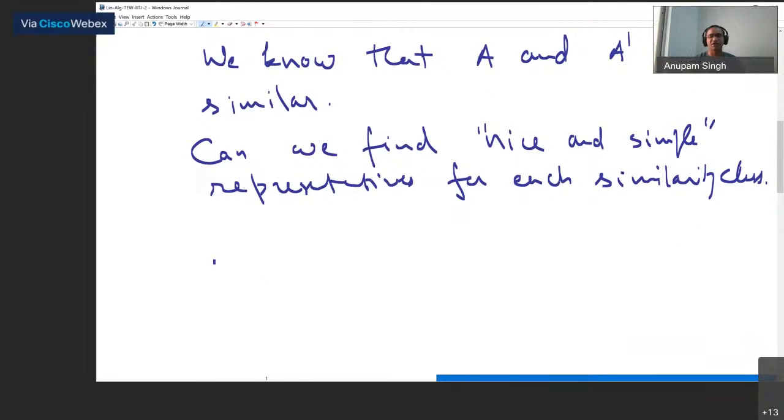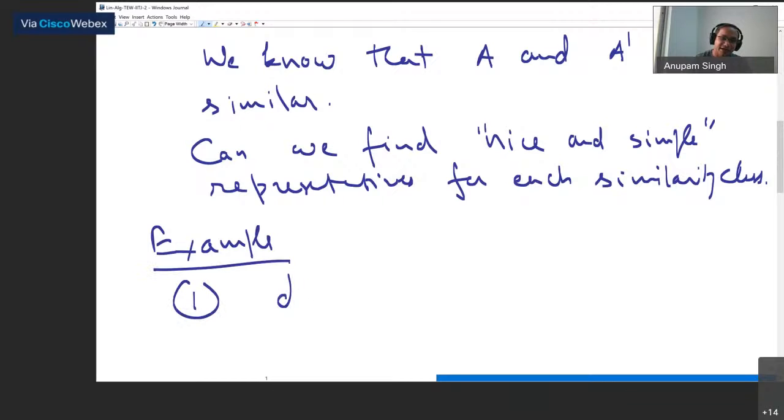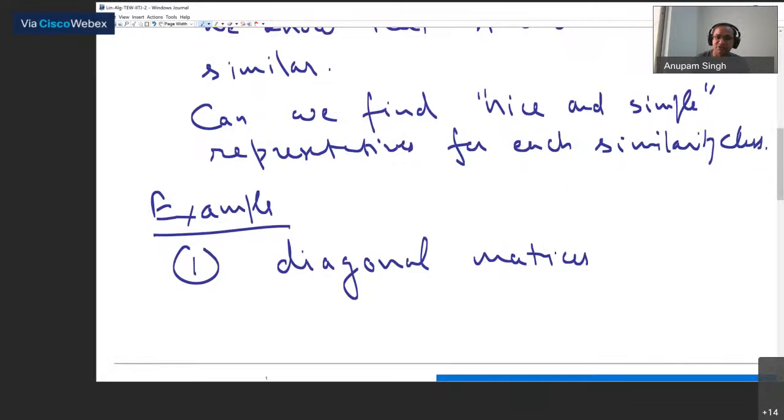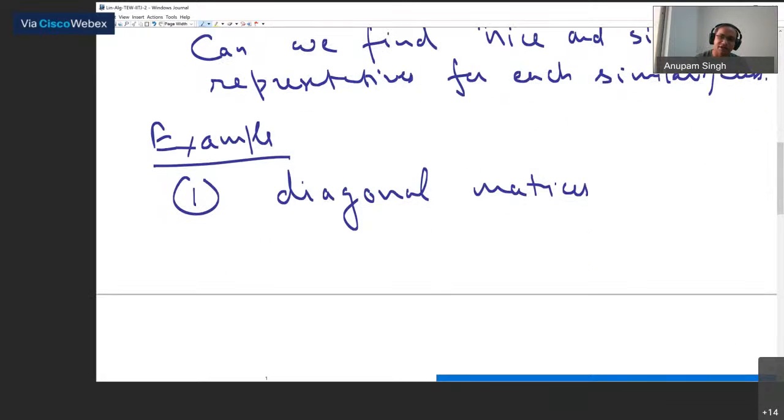Basically, we are looking at one linear transformation, and finding this representative means you have to find a basis which will give rise to that matrix, essentially, right? So in this connection, we saw some examples of what could be called nice and simple: certainly diagonal matrices.